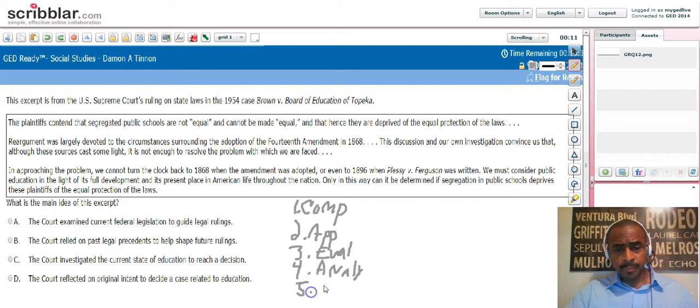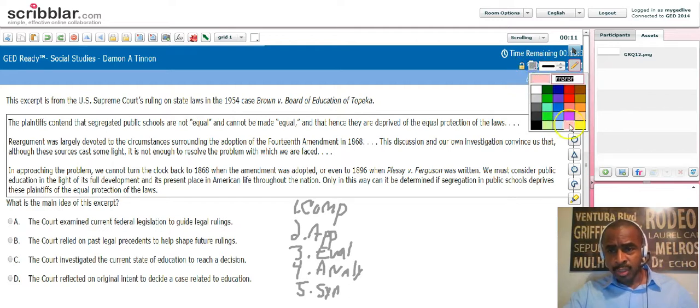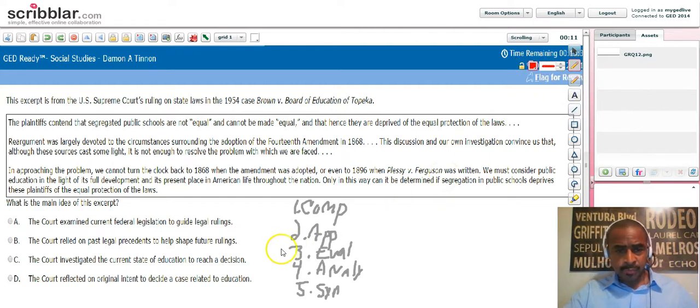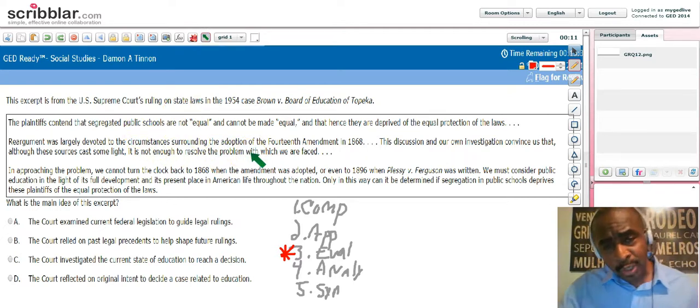Synthesis is the 5th one. So whenever you are on the GED test and they ask you a question about what's the main idea, then you know that you are dealing with evaluation, because you're reading this text and you're taking these different points and evaluating them. You're finding out what's true, what's false, what's the main idea, what are the evidences that support the main idea.